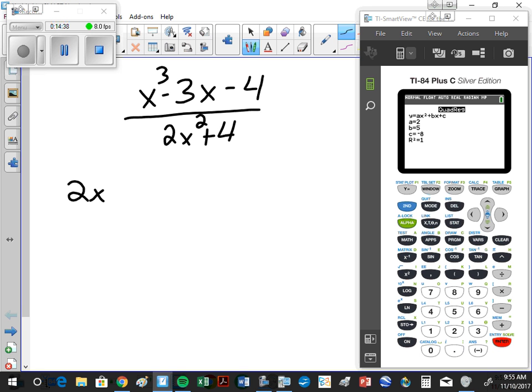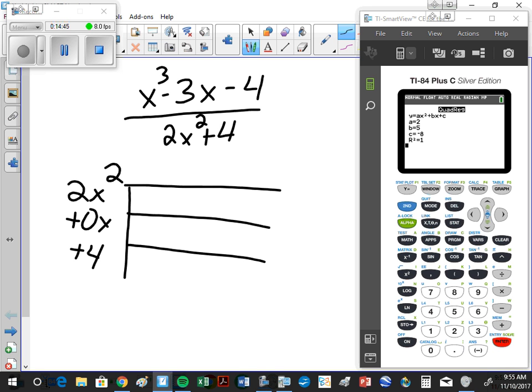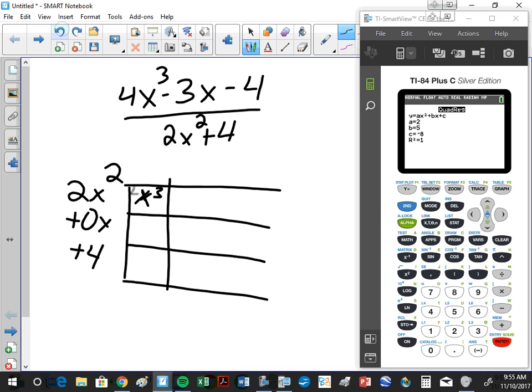I put 2x squared plus 0x plus 4 in the box. And then I put x to the third here. Oh, this is going to be kind of weird. This looks like more fun.